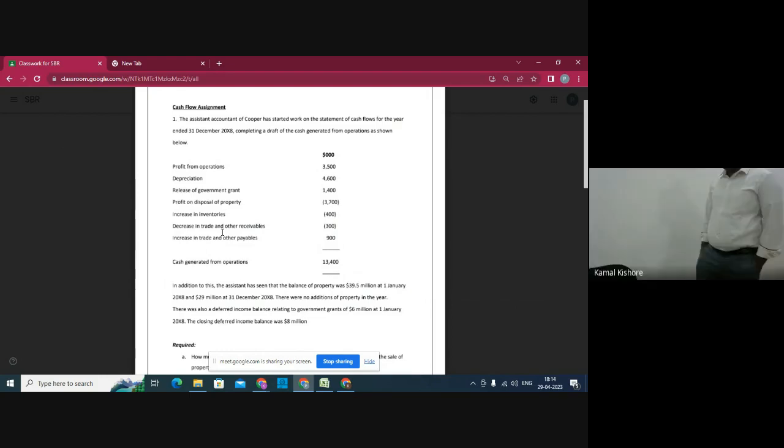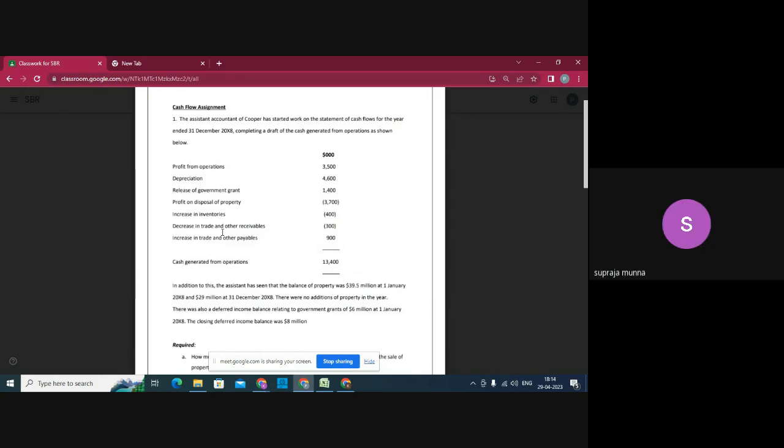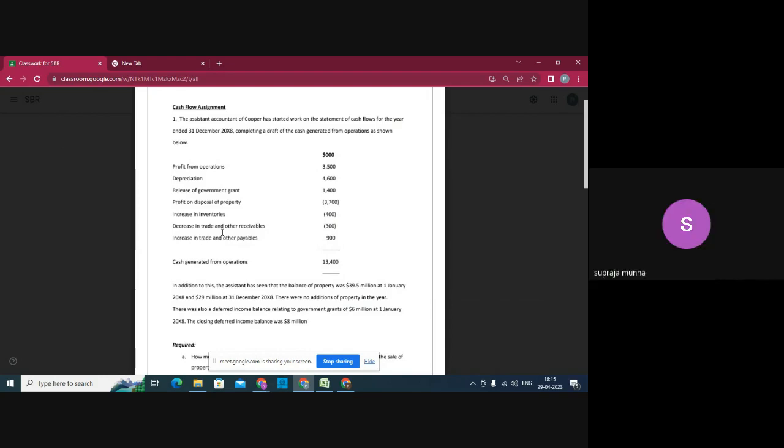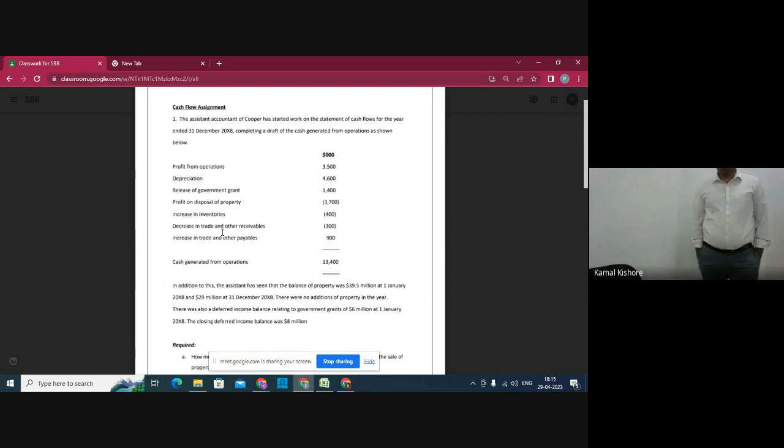Because this year I've not paid, that 1 million is shown as payable. To that extent, the cash flow is higher. So that is why increase in liabilities will always increase the cash flow. Very simple. Increase in liabilities means cash flow will increase. Decrease in asset means cash flow increase. Clear? Okay, that's one very basic or fundamental concept here.